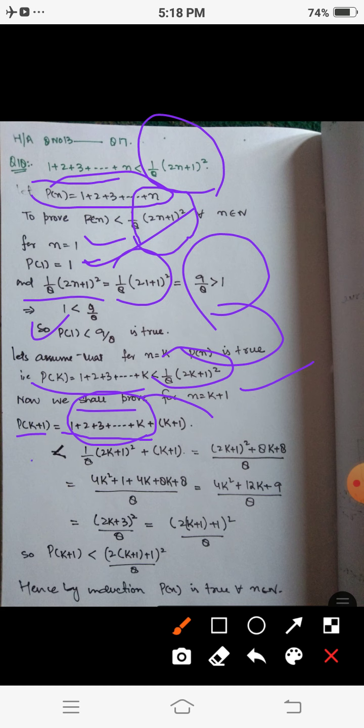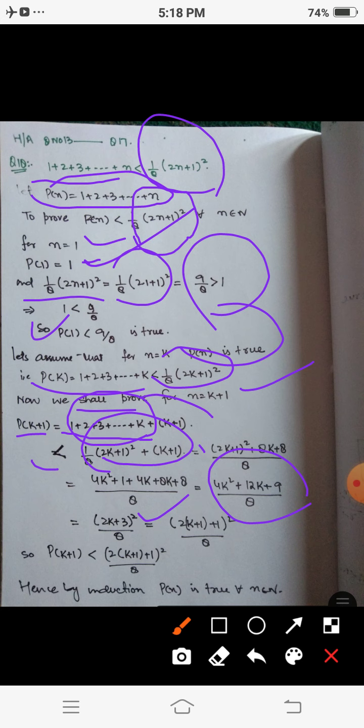Clearly this is less than (1/8)(2k + 1)² plus the last term, which is k + 1. This whole term is (2k + 1)² + 8k + 8 upon 8. Breaking this square, after simplification we get (4k² + 12k + 9)/8. Now 4k² + 12k + 9 is simply (2k + 3)², over 8.